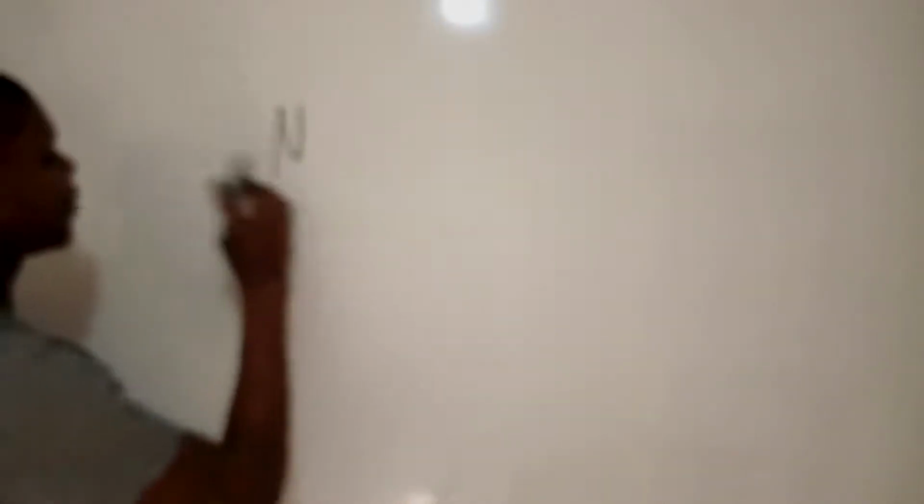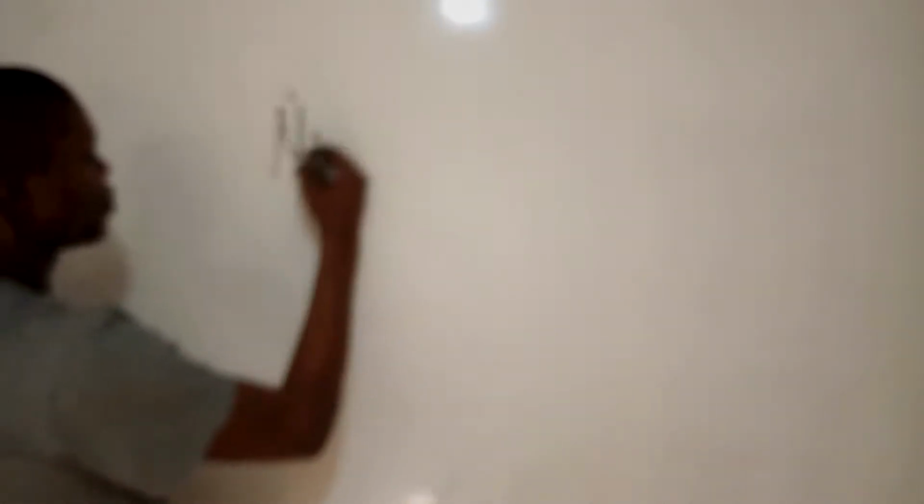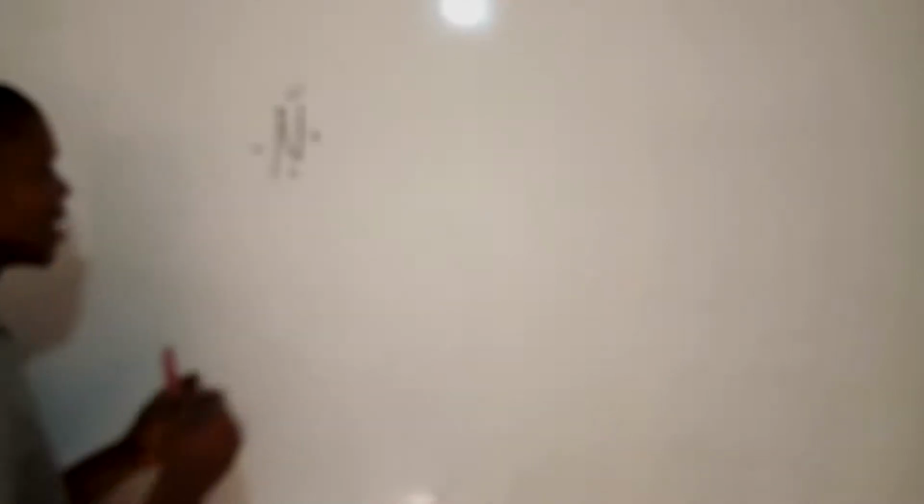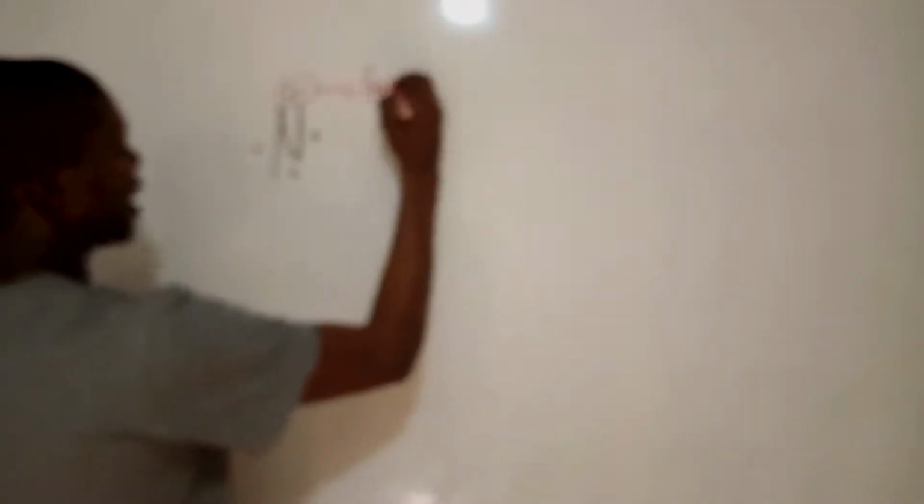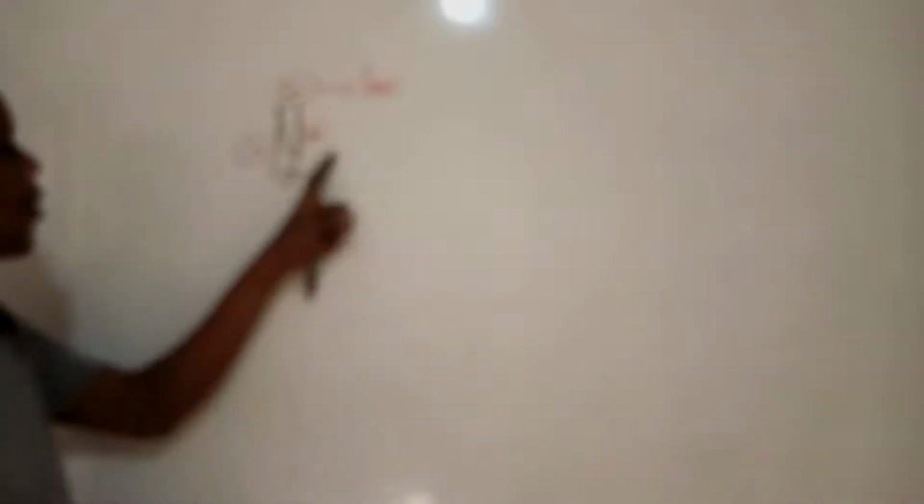Another example is nitrogen. Now nitrogen, the valence electrons are 1, 2, 3, 4, 5, right? This is the non-bonding pair, which is called a lone pair. But you see these ones here, they are capable of forming bonds.